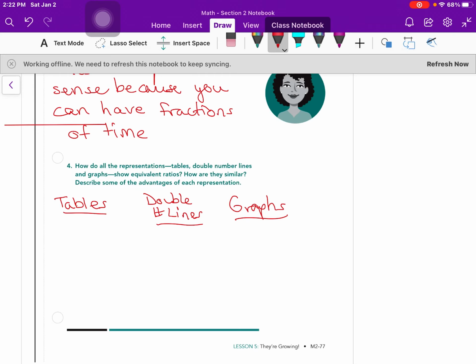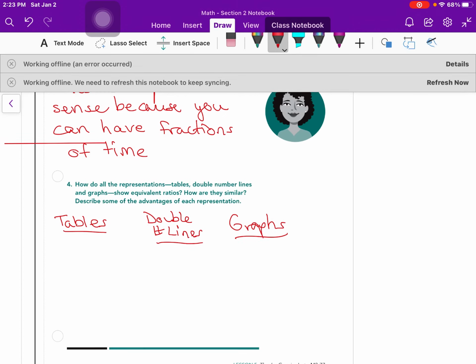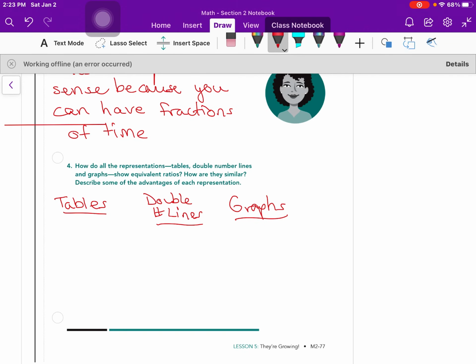Describe some of the advantages of each representation. So take a few minutes to jot down a few ideas. How can you look at a table and know that you have equivalent ratios or not? How can you look at a double number line, know if you have equivalent ratios or not? And how can you look at a graph and know if you have equivalent ratios or not? Go ahead and pause this video. Take some time to write something down for each one.